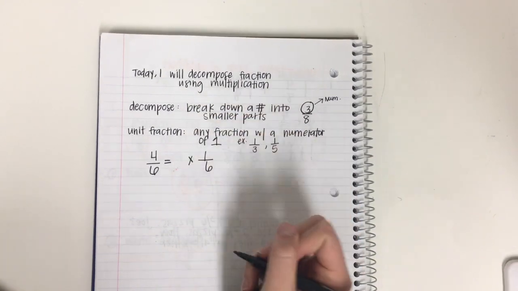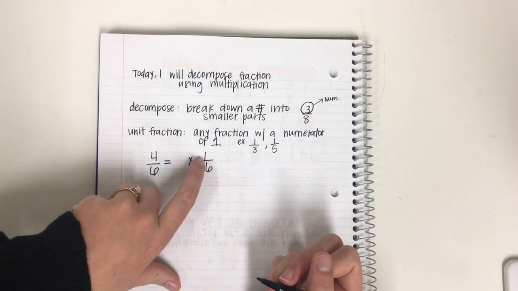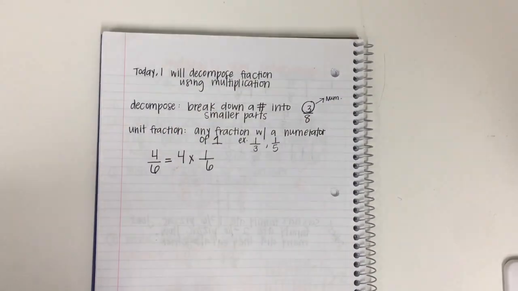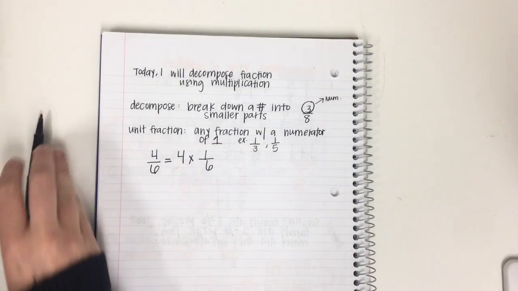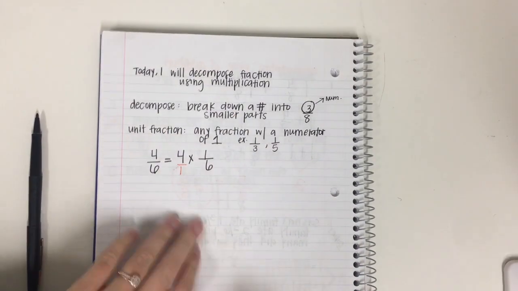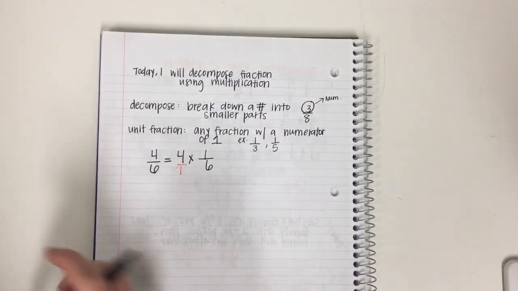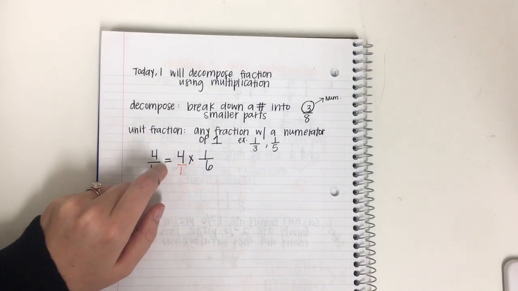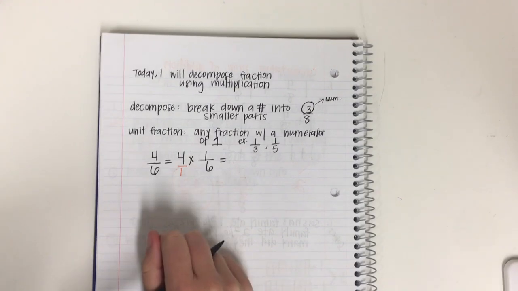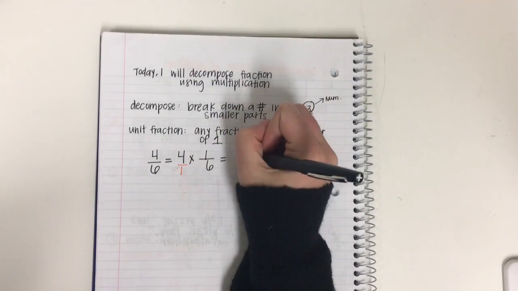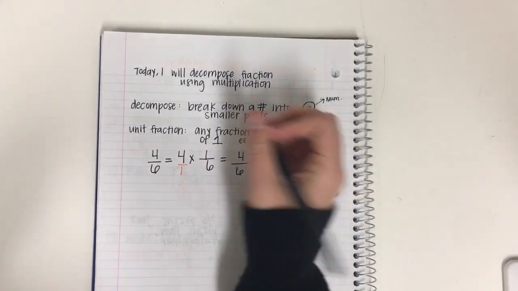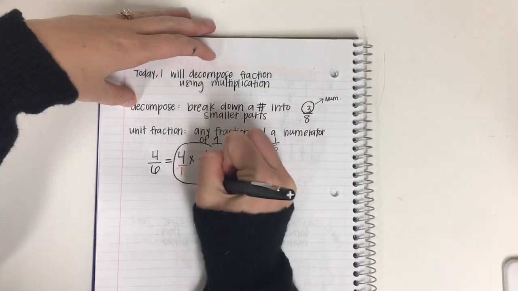So I need to think of what whole number, when multiplied by 1/6, is going to give me 4/6. Well, 4. When you have a whole number like this, imagine that it's over a 1. 4 divided by 1 is 4. If you bring it back to a fraction, 4 times 1 is 4, 6 times 1 is 6.